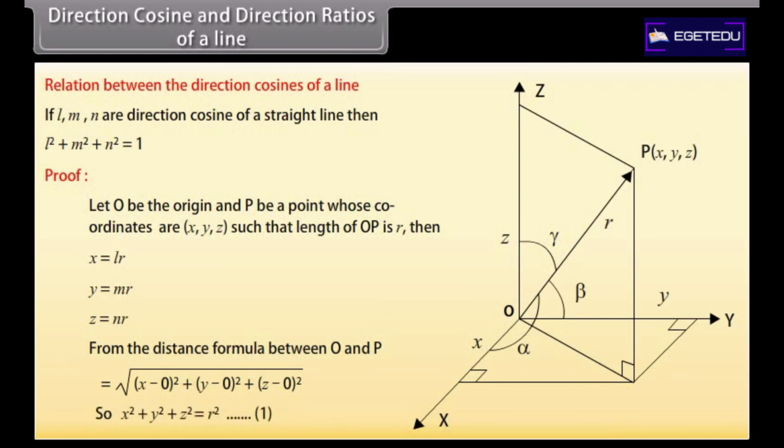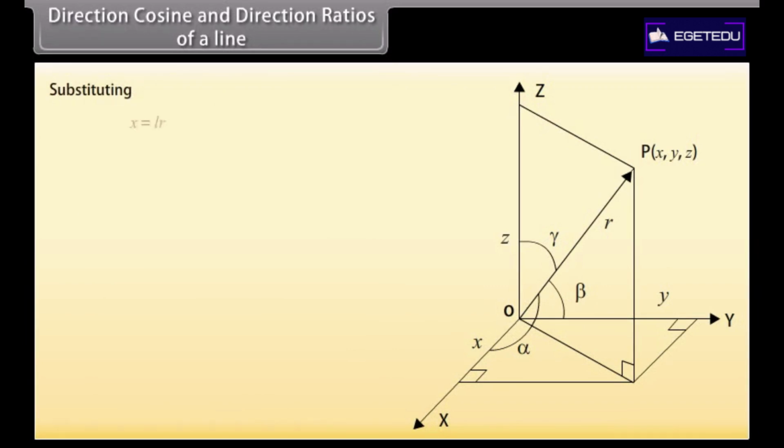So x square plus y square plus z square equals r square, name it as 1. Substituting x equals Lr, y equals Mr, z equals Nr, we get Lr square plus Mr square plus Nr square equals r square. L square r square plus M square r square plus N square r square equals r square.